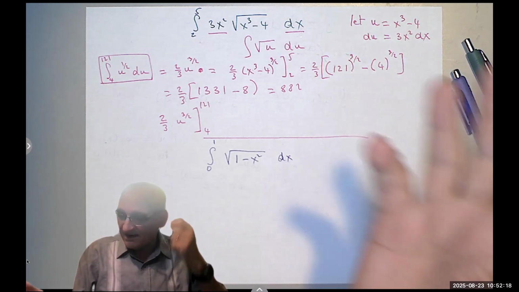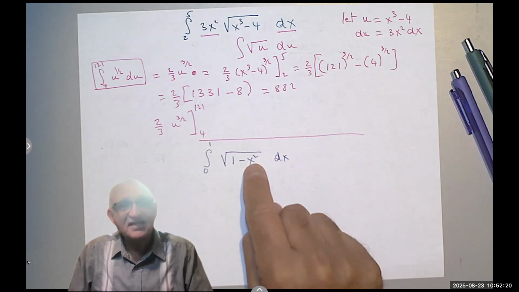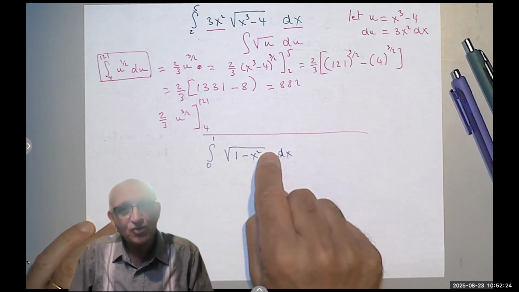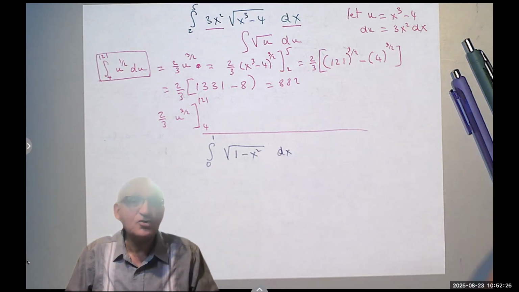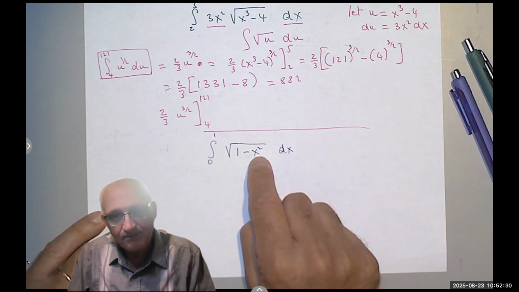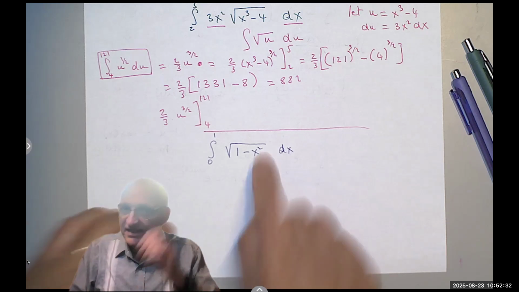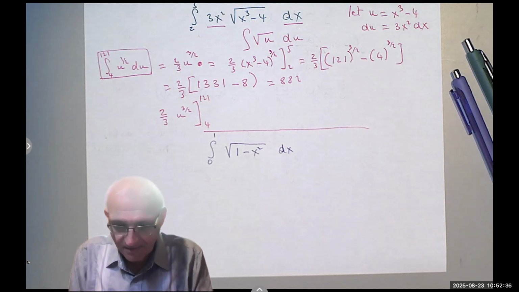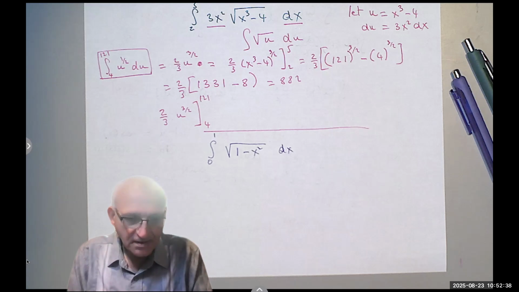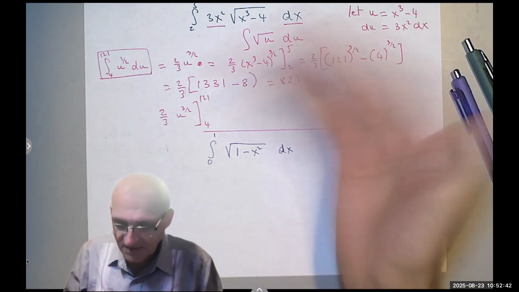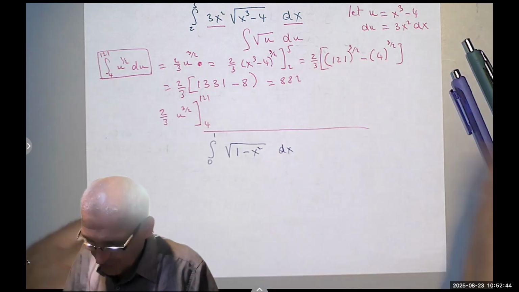So if I consider x to be sine, then 1 minus sine squared is cosine squared. Under the root, it becomes cosine. Or if I consider that as cosine, then I can get sine squared, 1 minus cosine squared. So I either get sine or cosine.